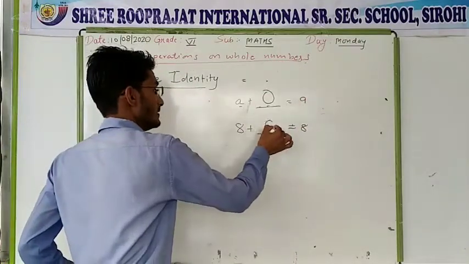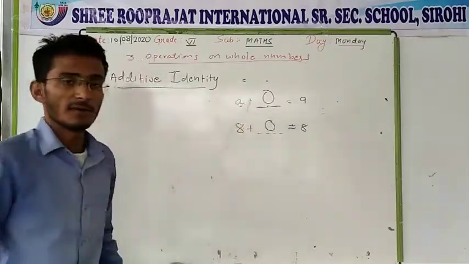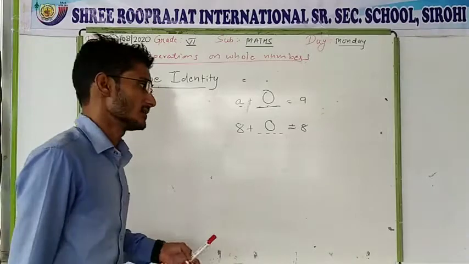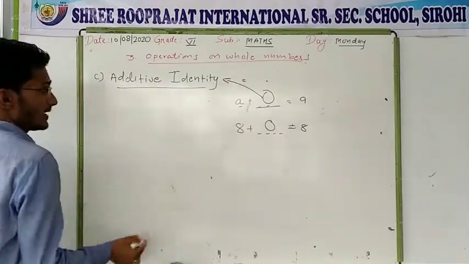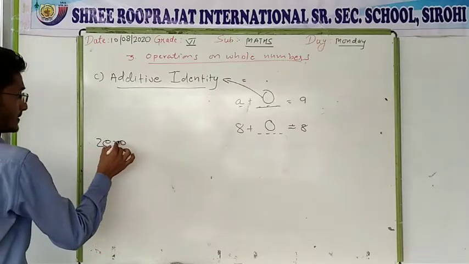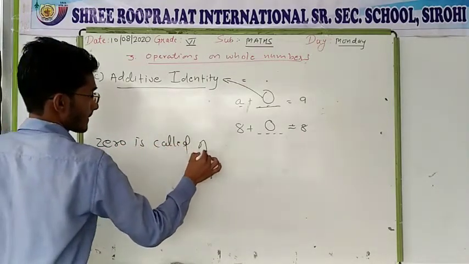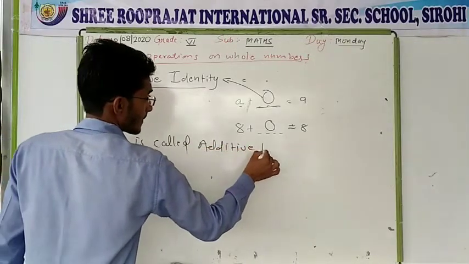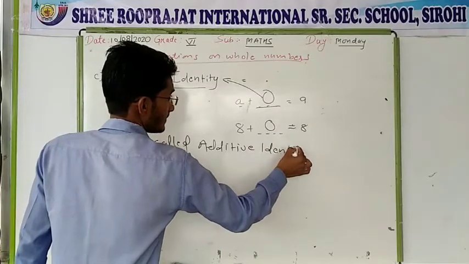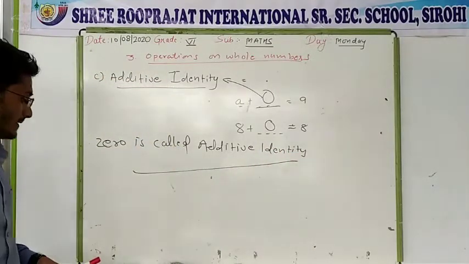We have to add 0. So if we add 0 to any whole number, we get the same result. So here 0 is called the additive identity.